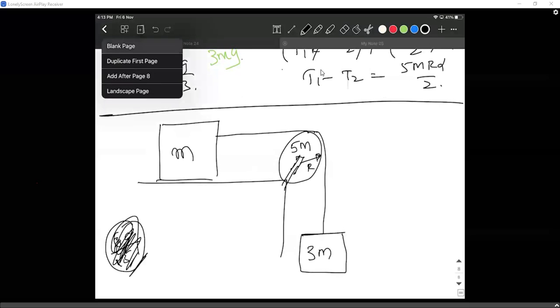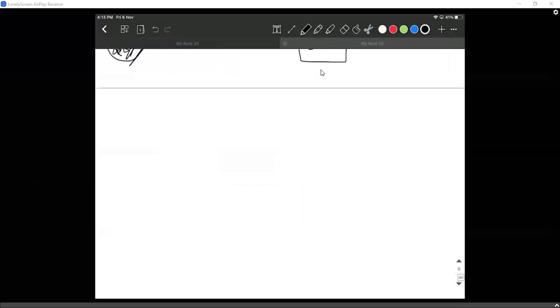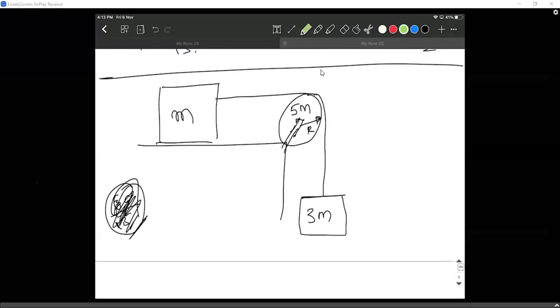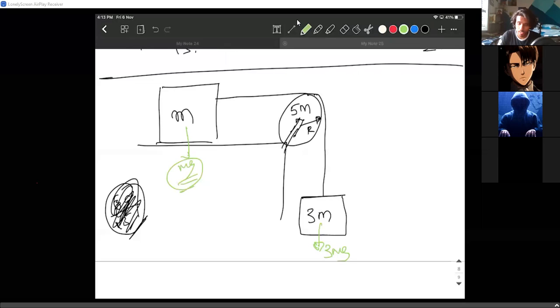Why don't I do it parallelly with you instead of just sitting idle? 3mg is here. This mg is not going to do anything, so we don't have to worry about that mg. And tension T1, tension T1, tension T2, tension T2. The equations go like this: this is going down, this is going horizontal.